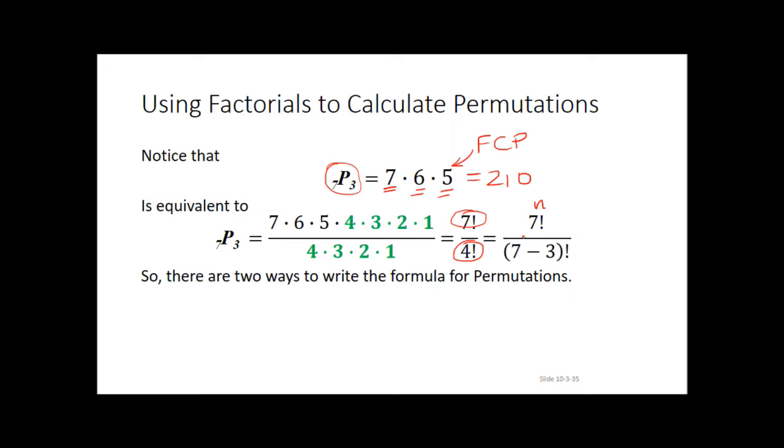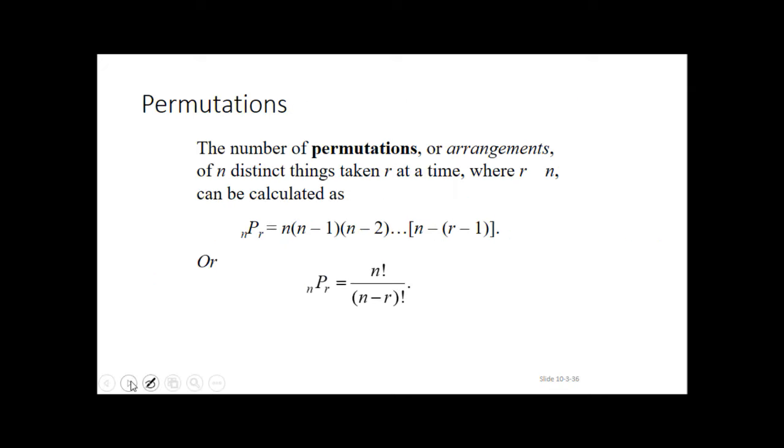Remember, 7 was our n and 3 was our r. So we have n factorial over n minus r factorial. So in general, to find the number of permutations of n objects taken r at a time, we're going to use this formula, n factorial over n minus r factorial, or just plug nPr into your calculator.